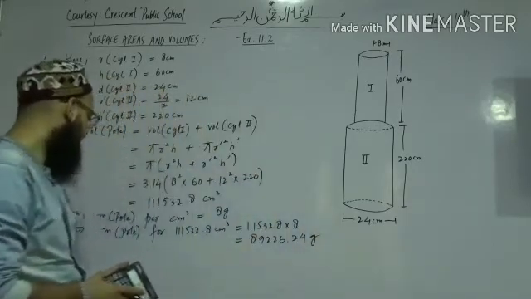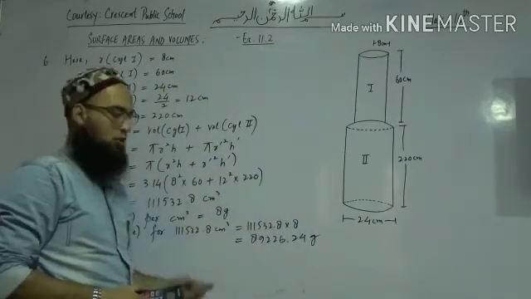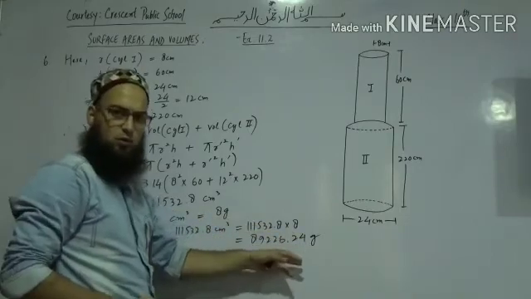So this is the required mass of the pole, or you can convert this to kilograms.